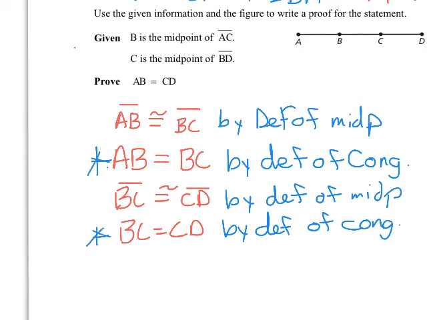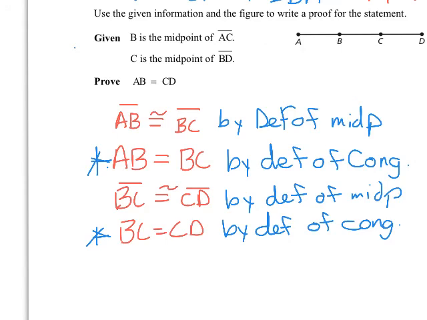Do you see a way that we can get AB and CD together? Yep. I think it's the transitive property, because if AB equals BC and BC equals CD, then that means AB equals CD.